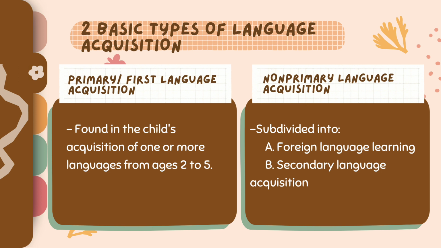Let us now proceed to the next type of non-primary language acquisition, and it is second language acquisition. Second language acquisition involves a process when a learner or a person acquires a second language or a non-native language while being in the same non-native context.